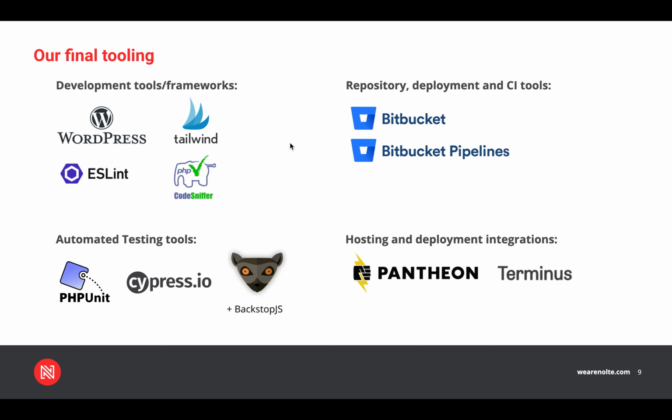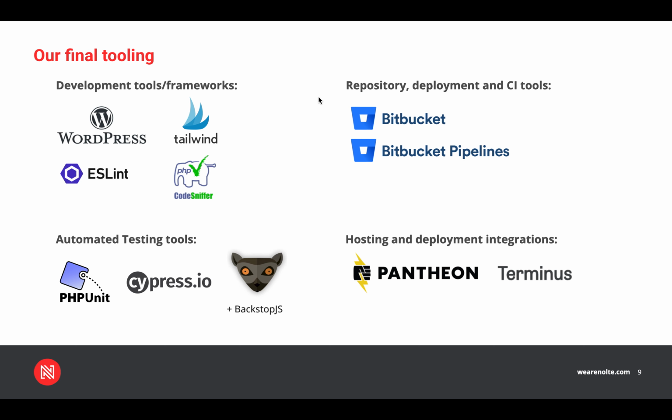Our final tooling. After following the previous steps of planning and doing all these steps to get to continuous integration and automated testing process, we defined some tooling for our workflow. For example, for development tools and frameworks, we use currently WordPress, as I said before. We use Tailwind as our CSS framework, ESLint and Code Sniffer for our code linting.